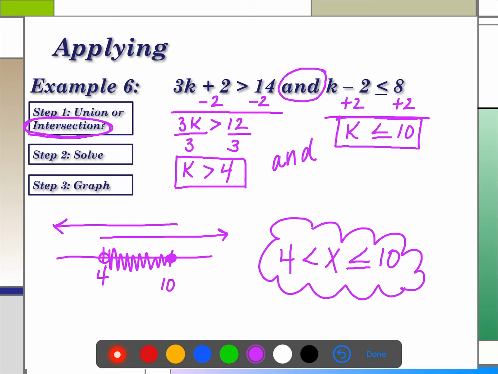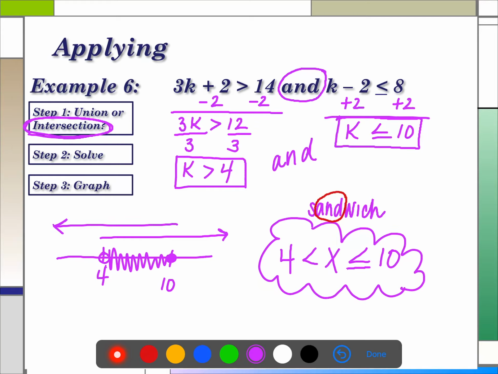Okay, so this sandwich implies that there's an and keyword. You see the word and in sandwich? So when I look at the answer in this bubble here, I know that it is an intersection problem because it's written as a sandwich.